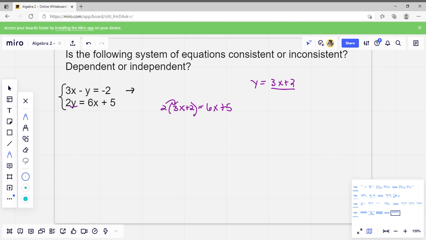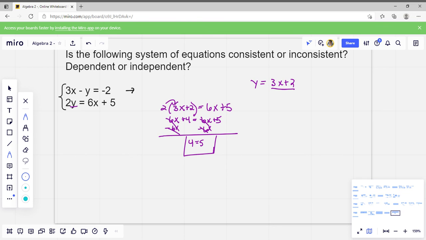We could get 2 times 3 is 6x, 2 times 2 is 4. And then when we try to subtract this, we come up with 4 equals 5. That is a nonsensical solution, so that means that this has no solution.